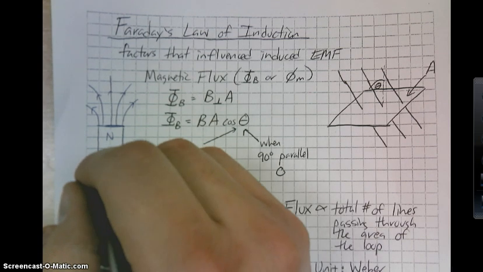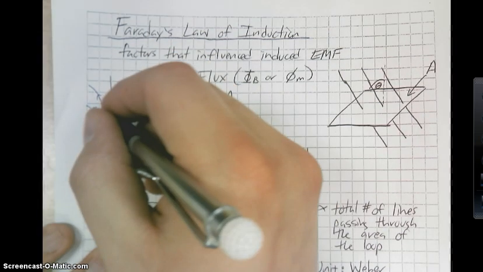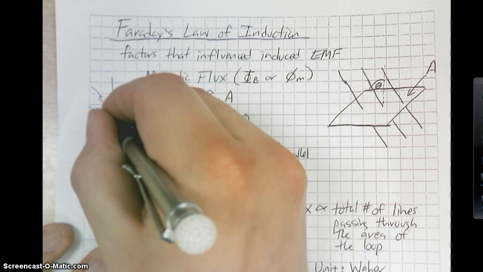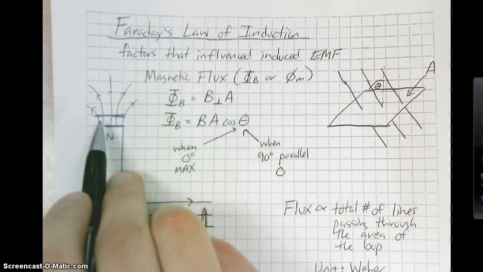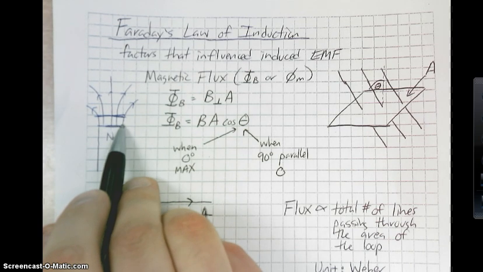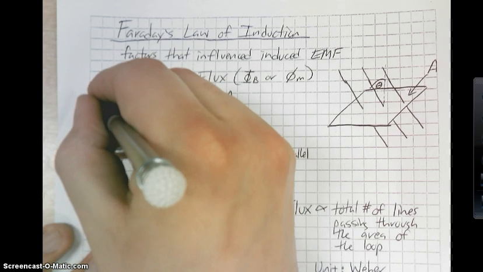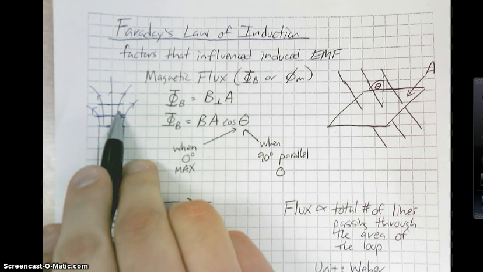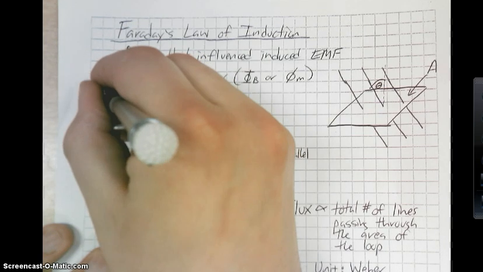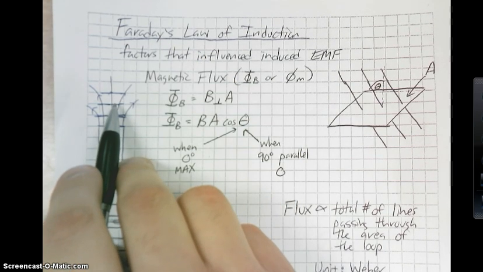If I had a piece of paper, and the piece of paper was only as wide as this magnet, and I put the paper here, then all 5 of those lines would travel through the piece of paper. If I move the paper up, only 3 lines pass through the piece of paper. And if I move it up even further, then only 1 line passes through the piece of paper.